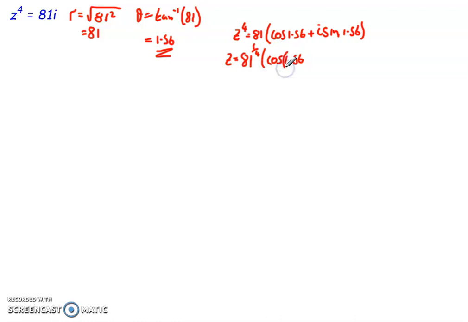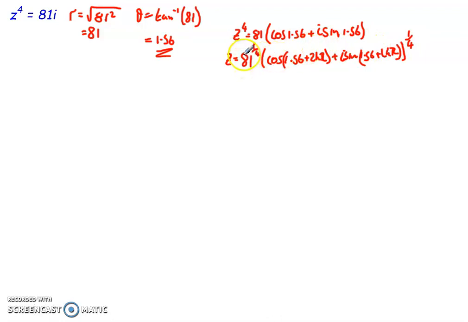But again, remember, we want to take into account every single solution available. Z to the power of 4 is going to have 4 solutions. So this is where we need to make sure we include the plus 2k pi. We've then got plus i sine of 1.56 plus 2k pi there as well. And that, again, is to the power of a quarter.